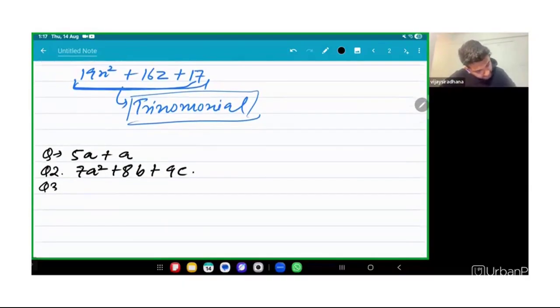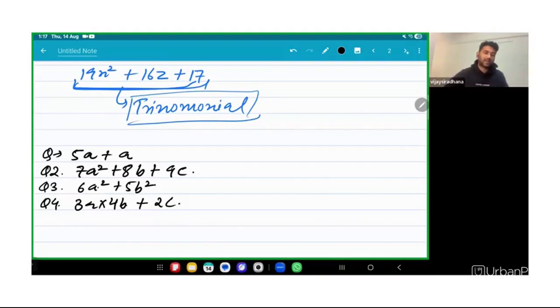Third question, 6a square plus 5b square. And the fourth question is 3a into 4b plus 2c. If you get the answers, you can let me know and I'll be really happy to solve each one.